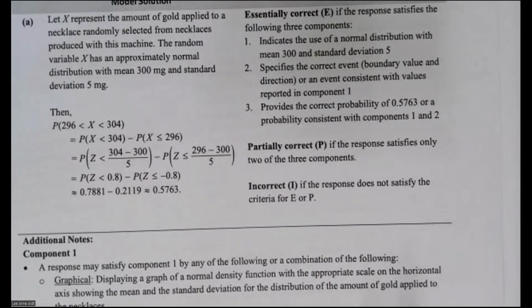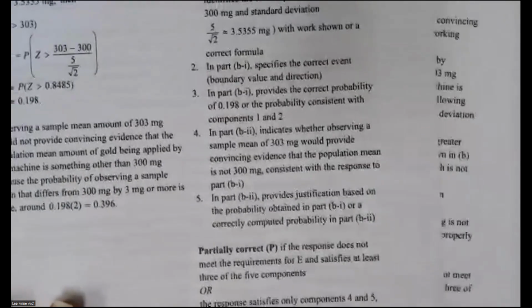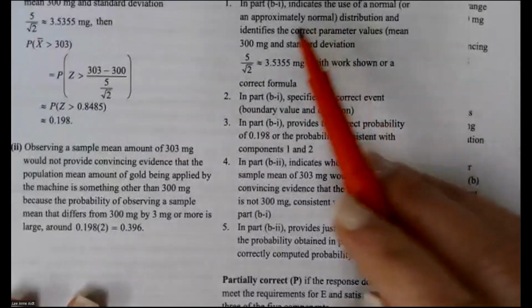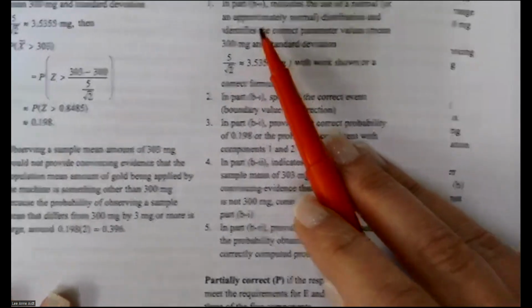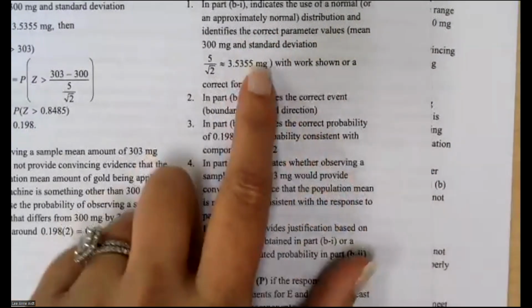Not yet, because you need a multiple choice still to give you that information. Yes, okay, part B. You need to indicate a normal distribution and use the correct parameter values.